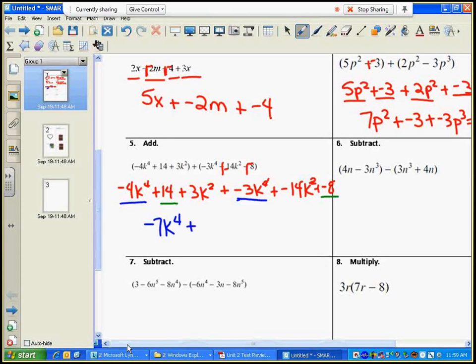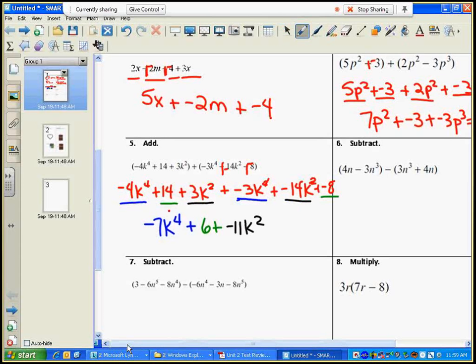So 14 plus negative 8 gives me 6. Gives me negative 11k squared. Very good. I'm not happy yet because it's not in standard form.